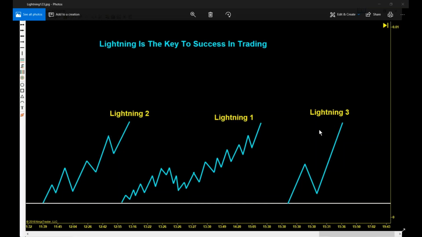All right. Isn't this actually what we're looking at, on a little bit shorter scale, so to speak? This is lightning 3 right here. If we were looking at something on this chart, we'd be expecting it to come down into support, for instance, and take a bounce again, right?